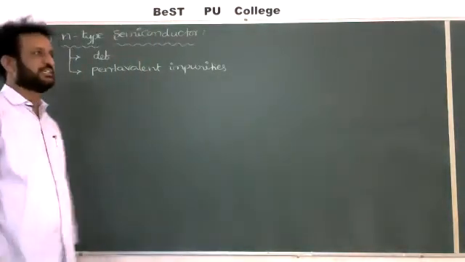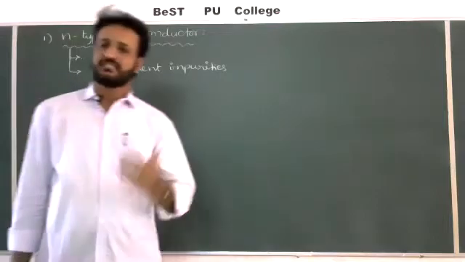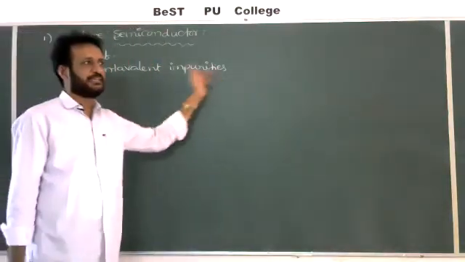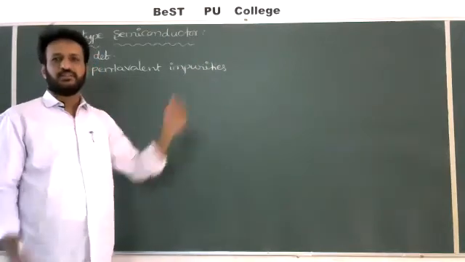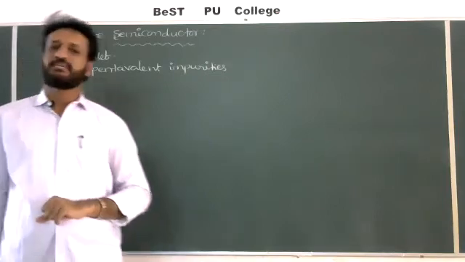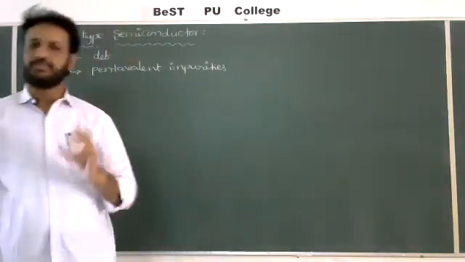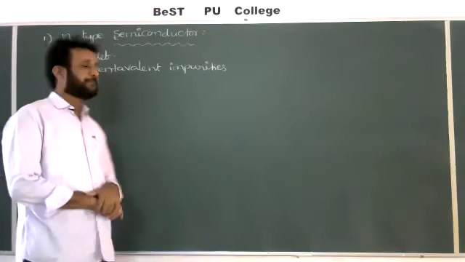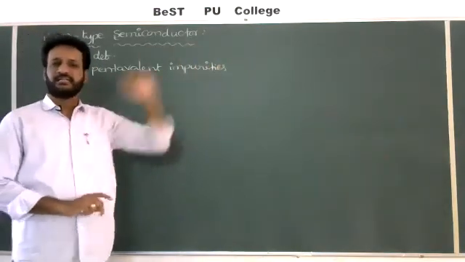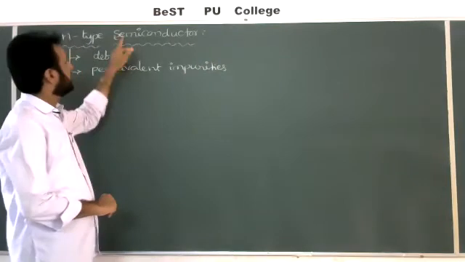So we have to choose either germanium or silicon. Then we should add the pentavalent dopant atoms. Then we are getting a semiconductor, and that can be called an N-type semiconductor. So to a pure semiconductor, when pentavalent impurities are added, then the obtained semiconductor is called an N-type semiconductor.